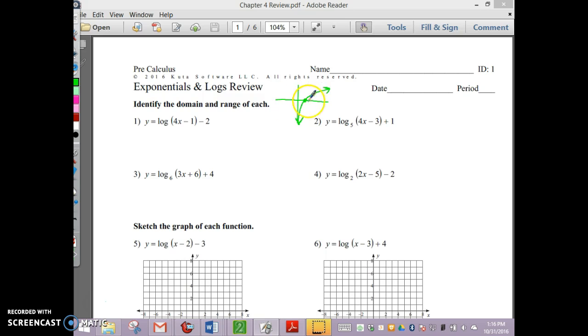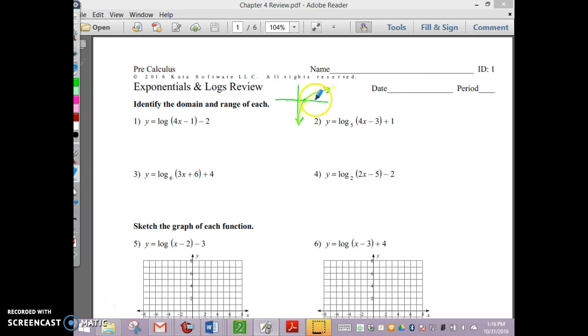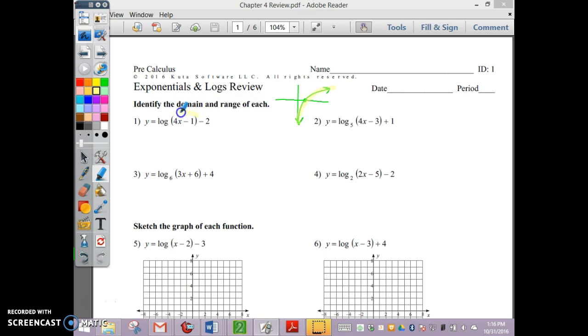Our domain is changed by where this asymptote is. The reason why our graph is only on the right side over here, in quadrants 1 and 4, is because you cannot take the logarithm of a negative number or of 0.